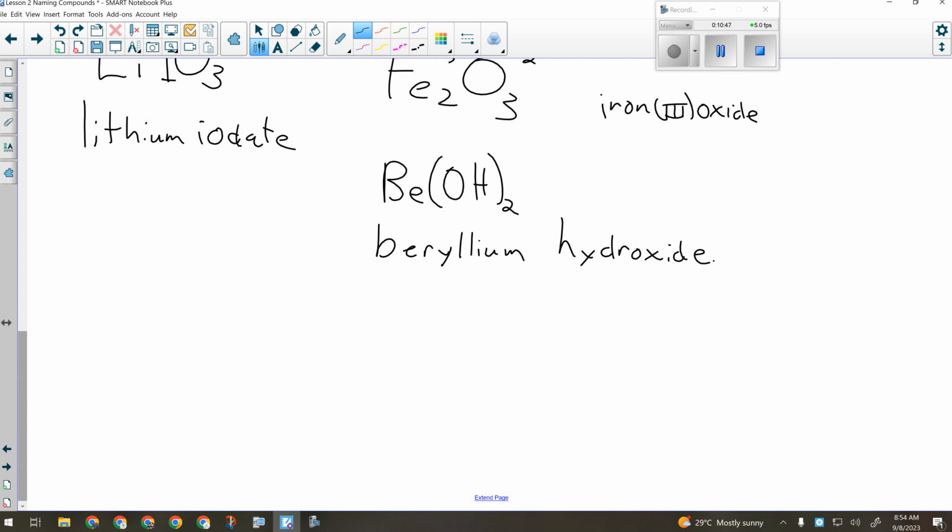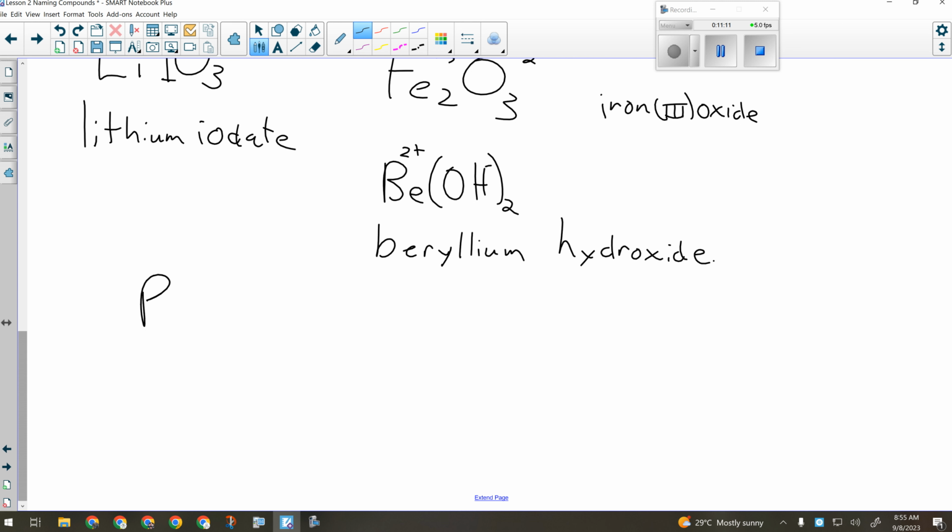This is an ionic compound, so it has to have an overall charge of 0. Beryllium has a 2+ charge, and hydroxide is a -1. So I need two hydroxides in order to make the charges balance. So why would I put the brackets in? Why don't I just put a 2? Because then it would only apply to the hydrogen. Exactly. It would only apply to the hydrogen.